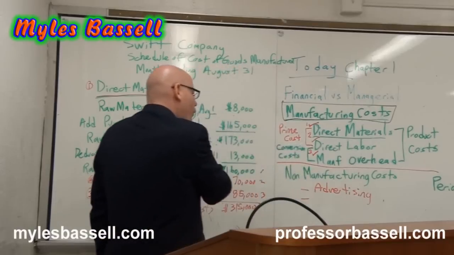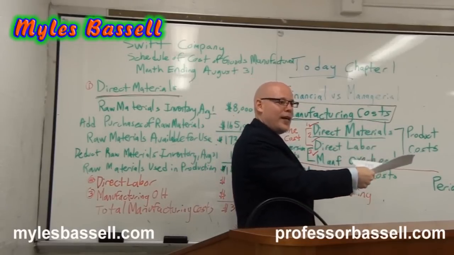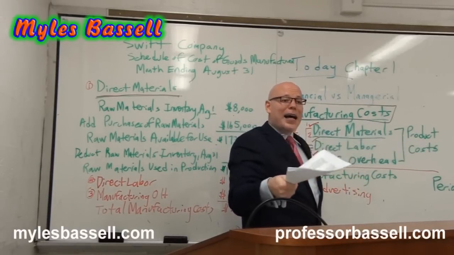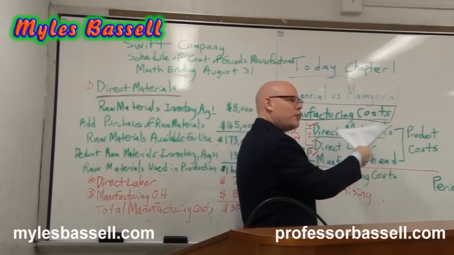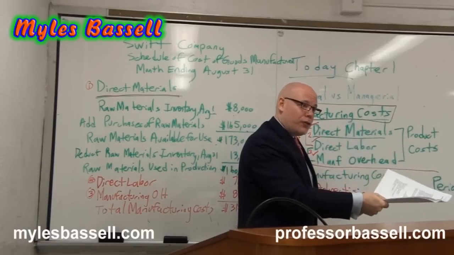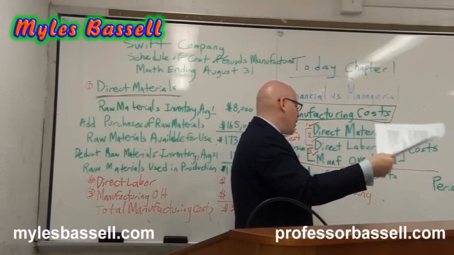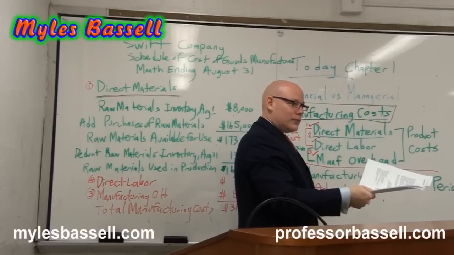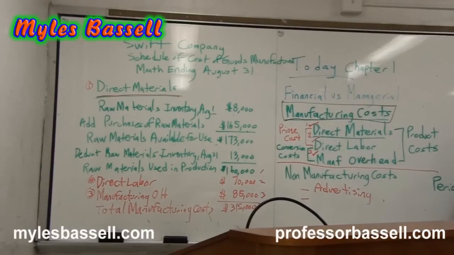Some of the manufacturing overhead, those are the indirect costs, those that are not easily traceable. Remember, we said direct materials and direct labor are those that are easily traceable to the product. But certainly there's indirect materials and indirect labor that we classify as manufacturing overhead. So we incurred those costs to make this product, even though it's not fully assembled. So at the beginning of the month, we had $16,000 worth of partially completed product.